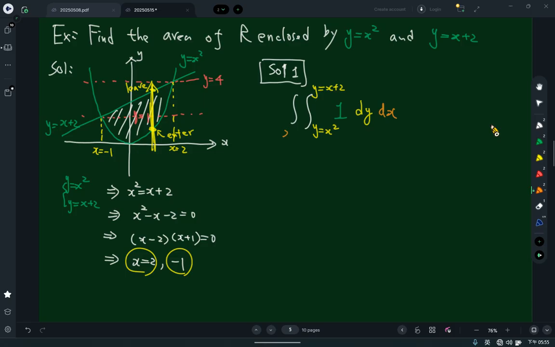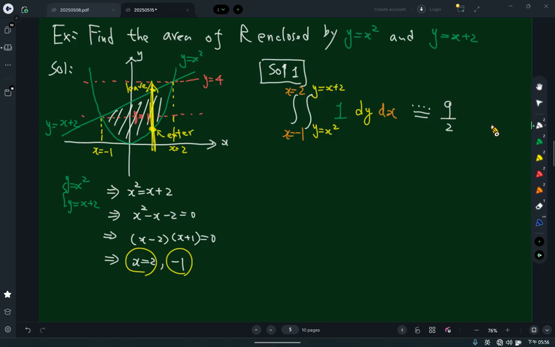So x we have from negative 1 to x is equal to 2. So the result is 9/2. Of course, I just give some detailed calculation. I believe you can do that by yourself because the integrand is 1, so it's easy. Okay, this is solution 1.